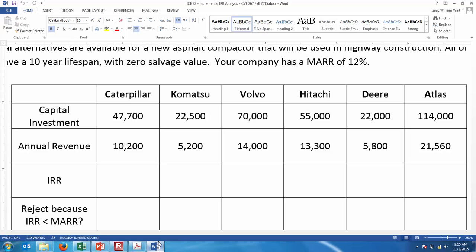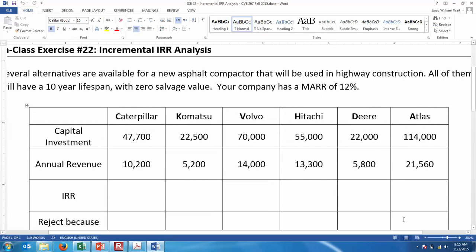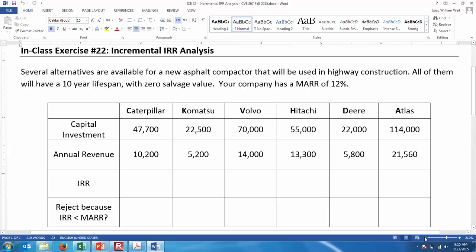Okay, so today's in-class exercise is a step-by-step thing. What you're going to begin with is the idea that there's several alternatives available, and this is for highway construction equipment. We have to borrow money from the bank to finance the equipment.